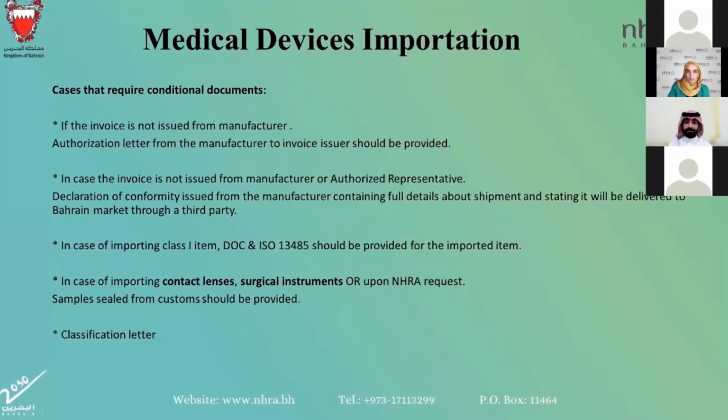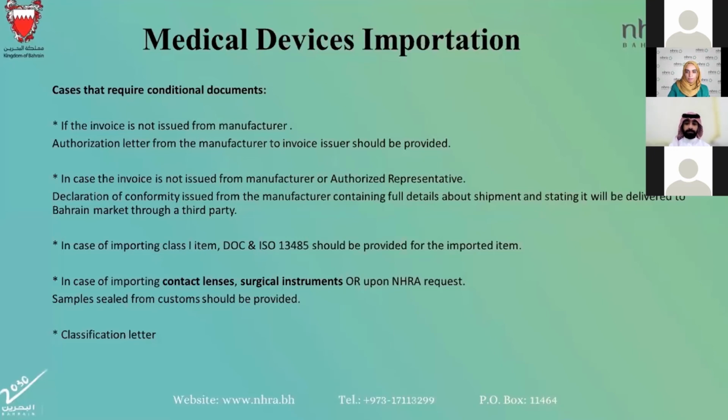Yes. So the question was, what is the difference between case 1 and case 2? In case 1, the invoice is issued by the legal manufacturer, for example. So the legal manufacturer has a different physical manufacturer, but with a different name. In this case, you need to provide a letter from the physical manufacturer to the invoice issuer.